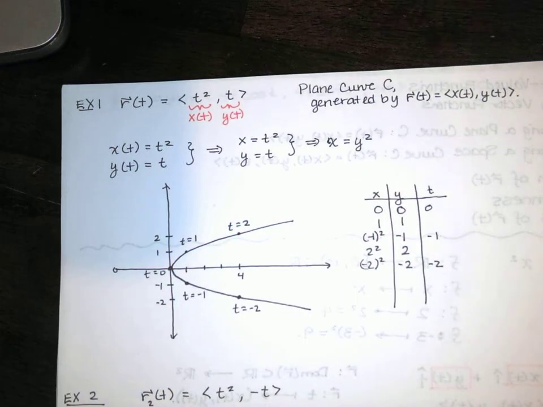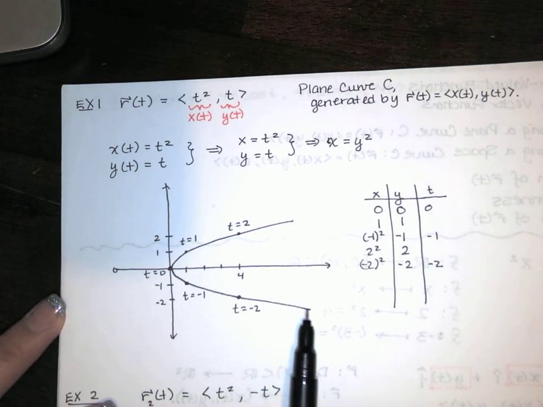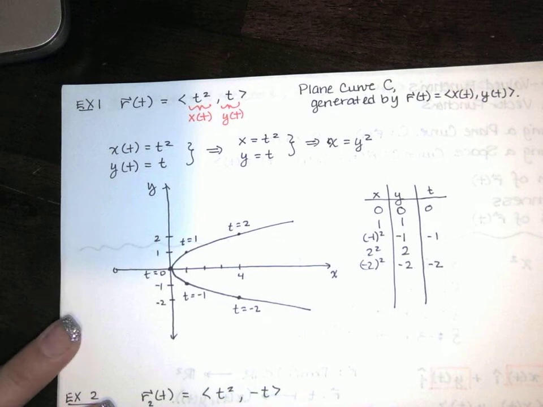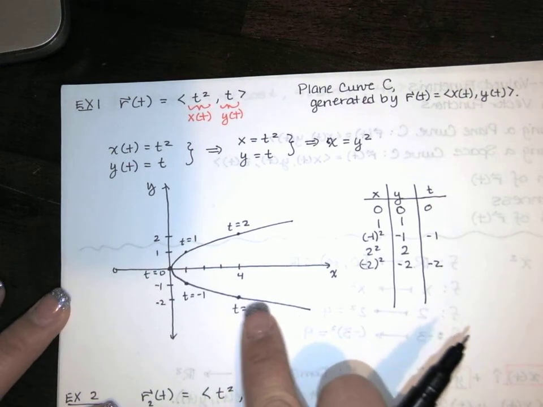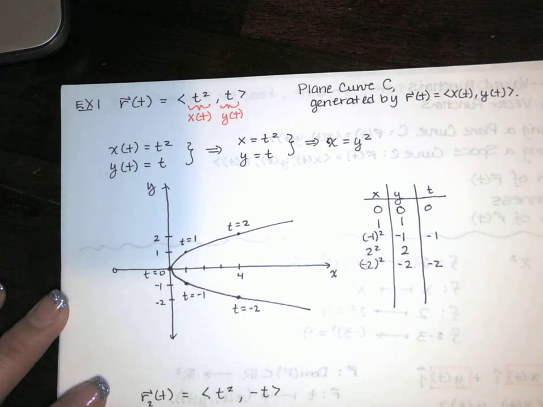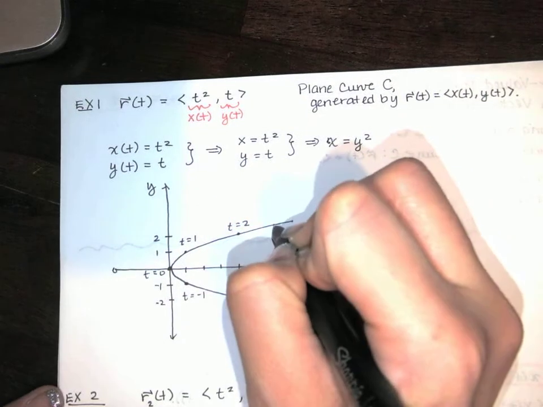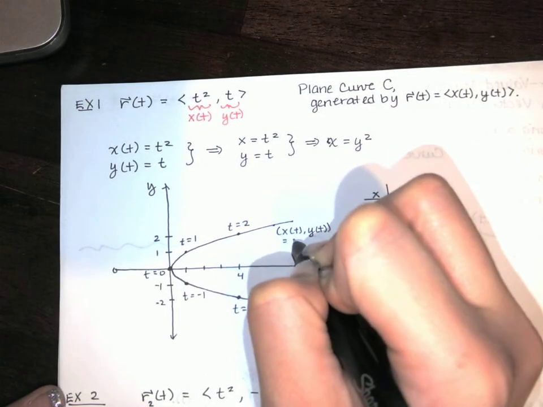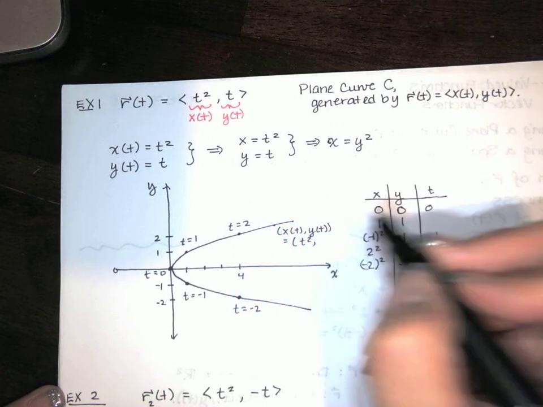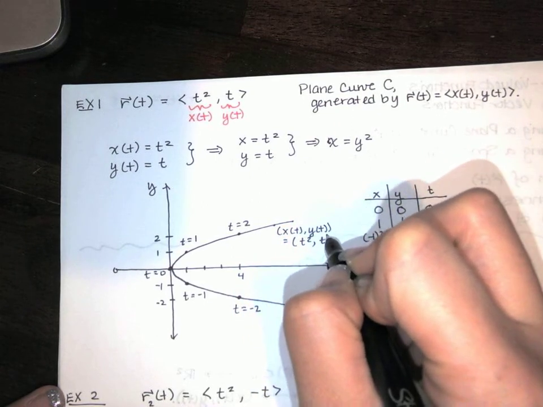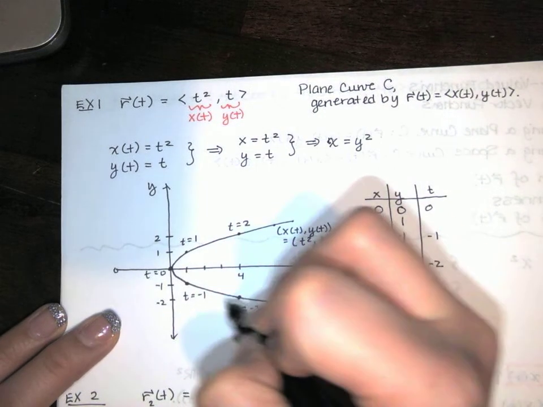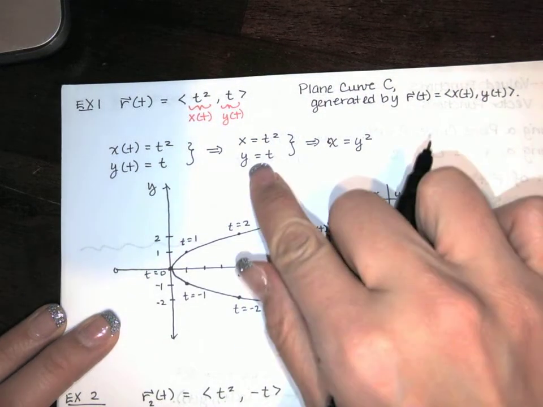So this could be the path that some object is traveling along in two-dimensional space in the plane. And this could be the time that that particle is at that location. So in general, this is just a point x of t, y of t, and its components are given by the equations t squared and t. But as t increases, we're going this way. As t increases, y increases.